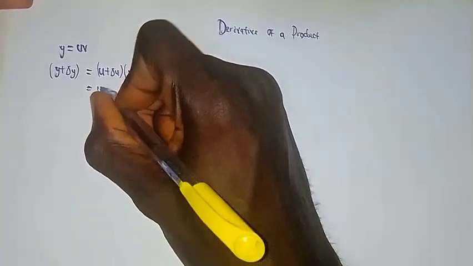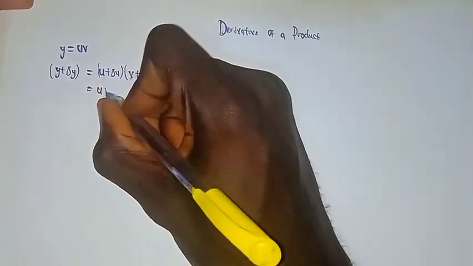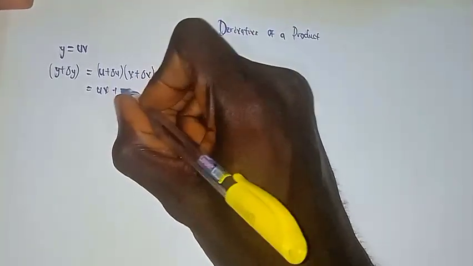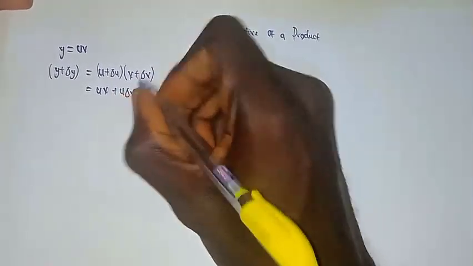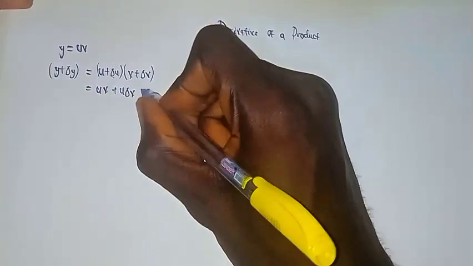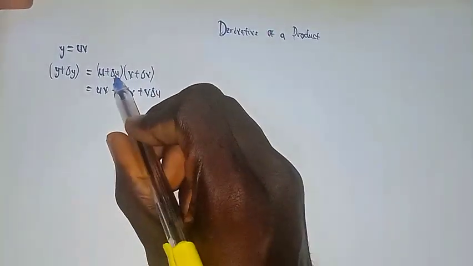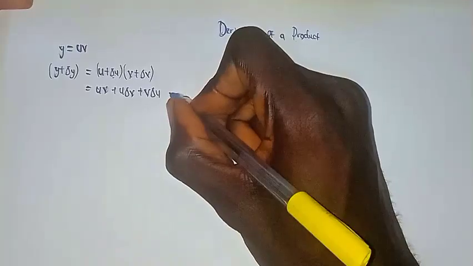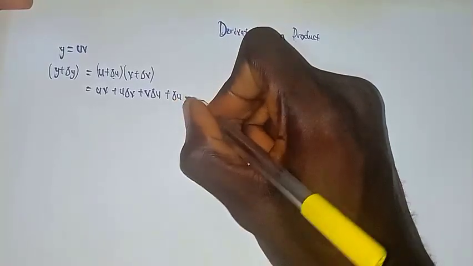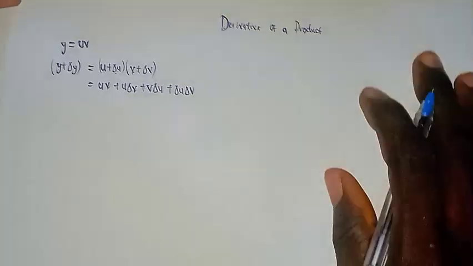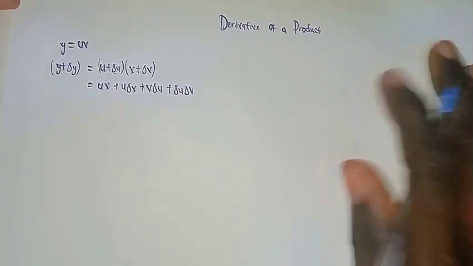So we have that u multiplied by v, uv, and then u multiplied by delta v becomes u delta v, and then this multiplied this becomes v delta u, and then delta u multiplied by delta v becomes delta u delta v.